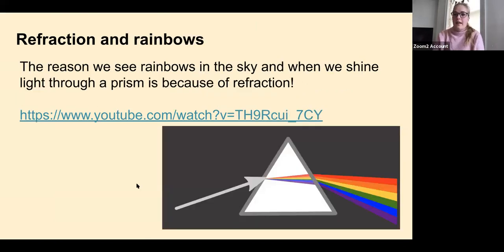And the final point about refraction is that refraction also explains why we see rainbows in the sky and when we shine a light through a prism. This happens because the white light that contains all the different wavelengths is dispersed as it travels through the prism, because the different wavelengths of light are refracted by a different amount.